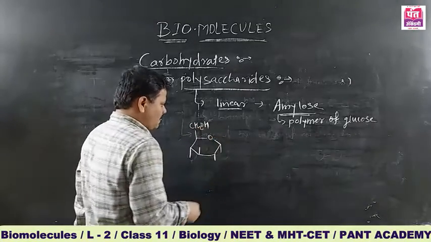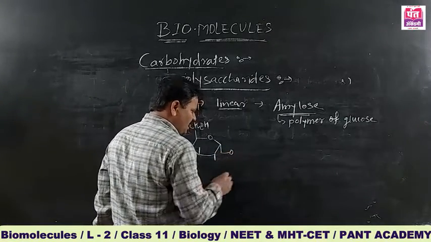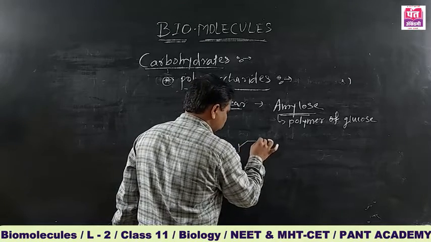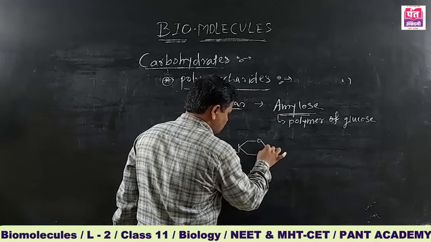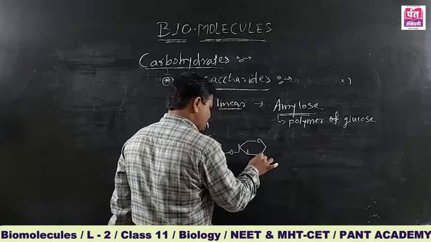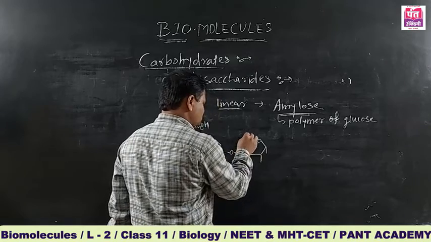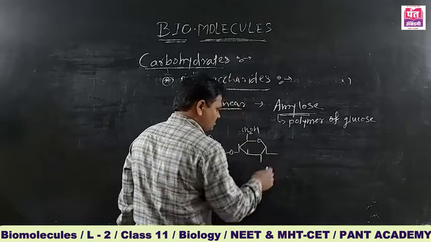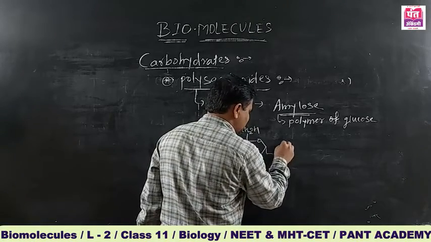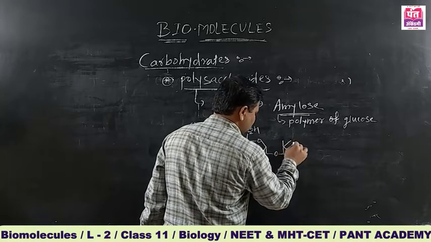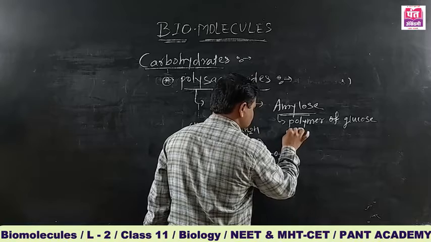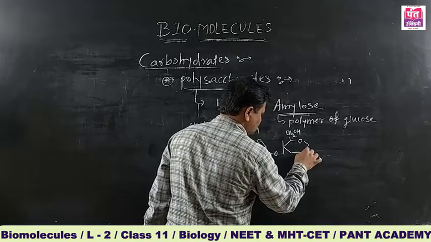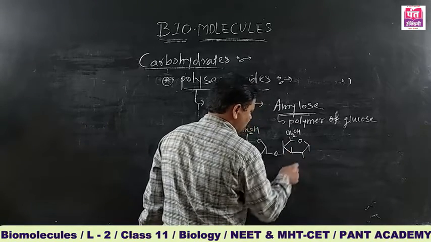CH2OH. Likewise, it will combine with the other glucose molecule, and therefore it becomes a disaccharide. Now CH2OH, and next there can be the O. One more we will draw. Like this.